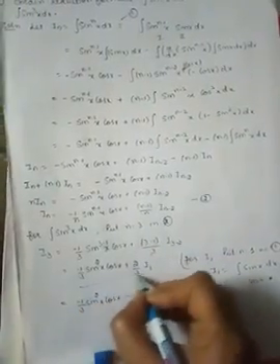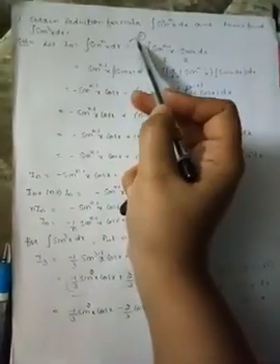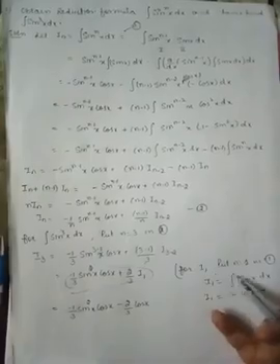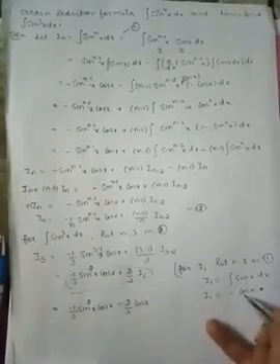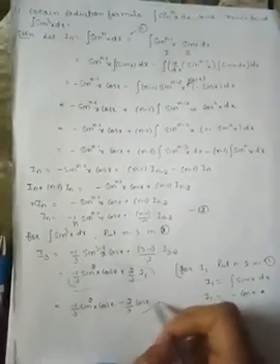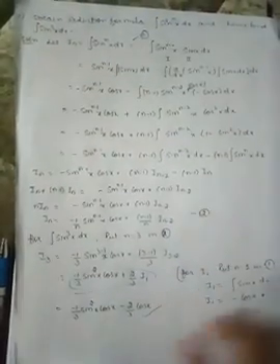So this will be this. Now you have to calculate the value of I_1, and the value of I_1 we get by putting n is equal to 1 in equation number 1. That means this will be the integral of sin x dx, which is minus cos x. Substitute the value of I_1 here, and you will get the value of I_3.